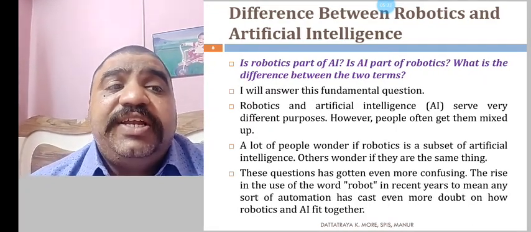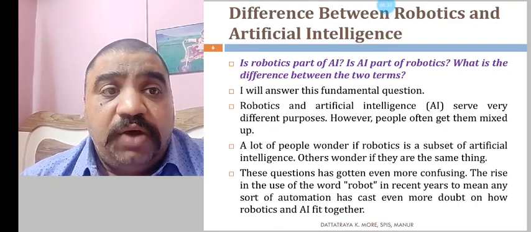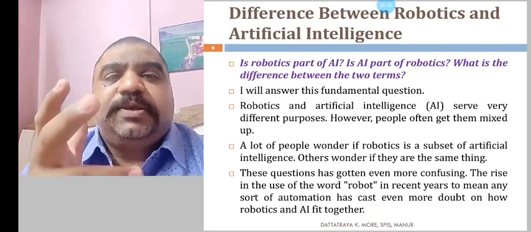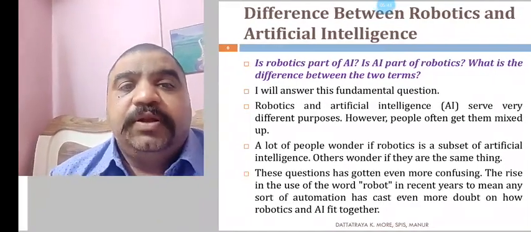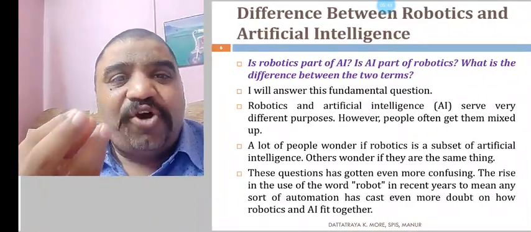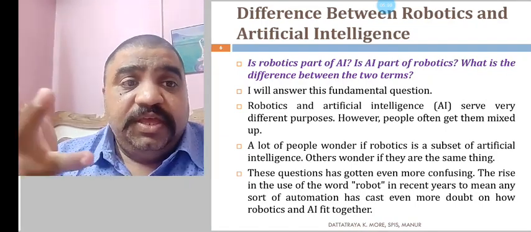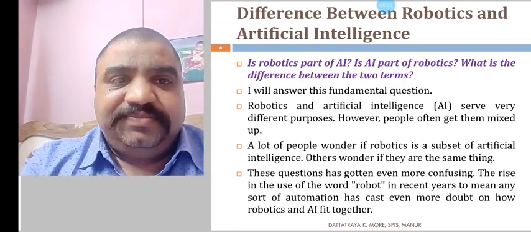Robotics and artificial intelligence serve very different purposes. However, people often get them mixed up. A lot of people wonder if robotics is a subset of artificial intelligence. Others wonder if they are the same thing.